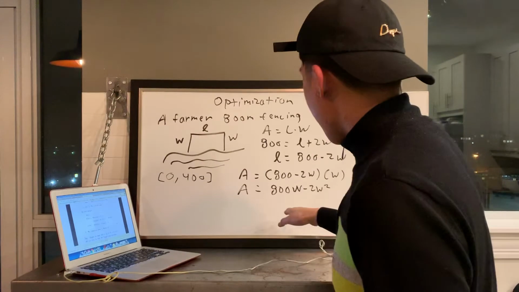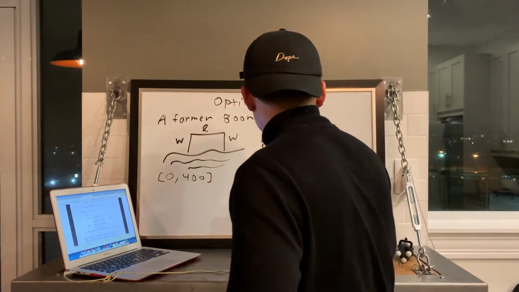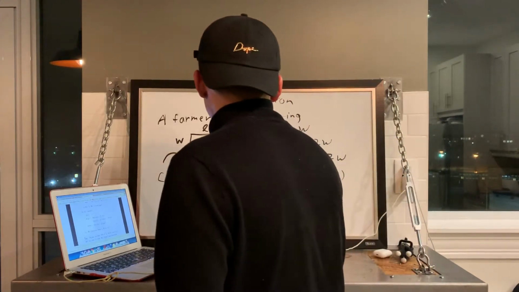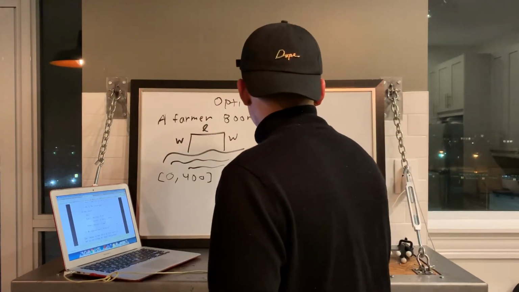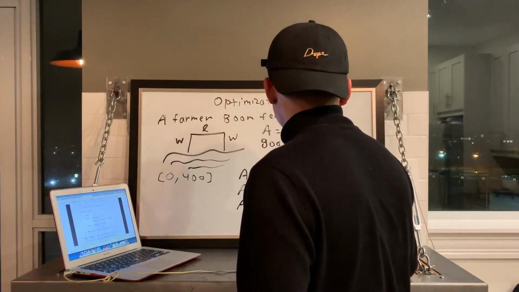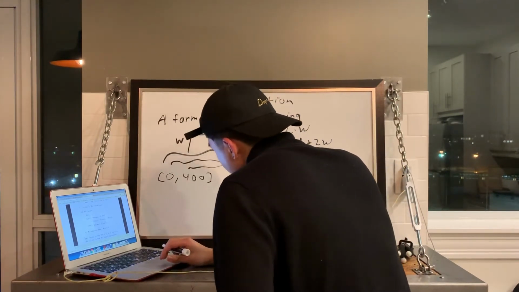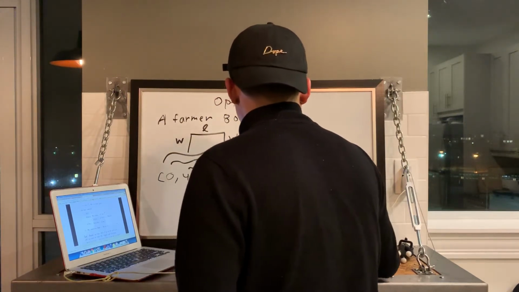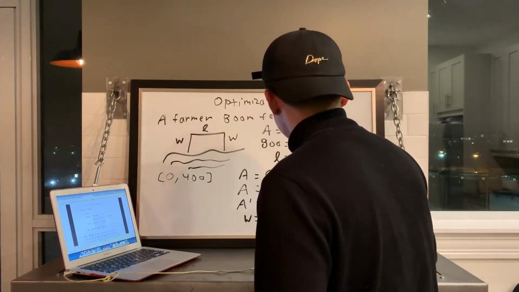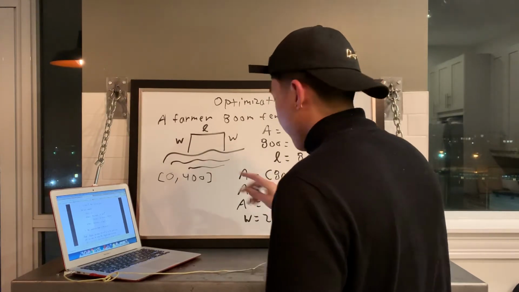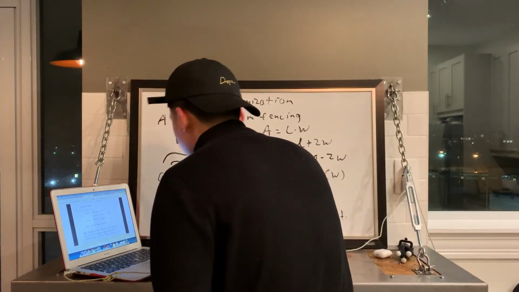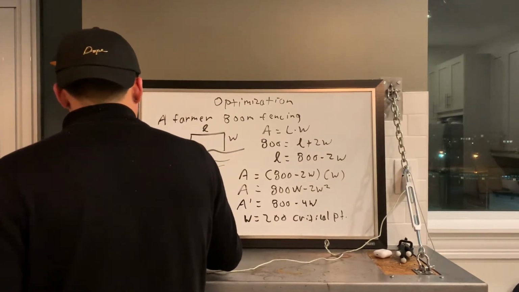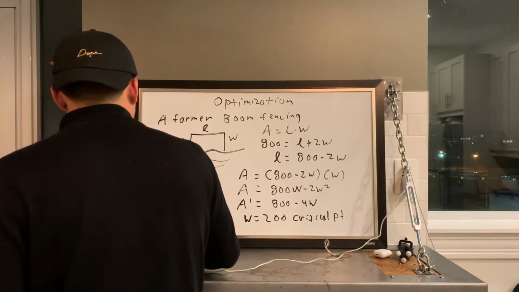Now that we have the derivative, I have to take the derivative of this, which is 800 minus 4W. So I get W equals 200 as critical point. That's when A prime equals 0. So I test those points. I go A at 0, A at 200, and then A at 400.